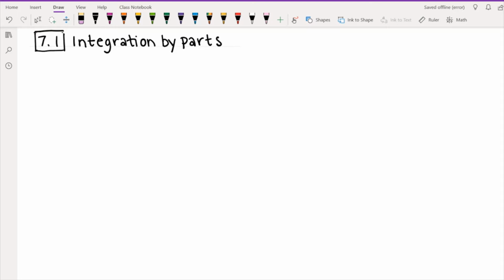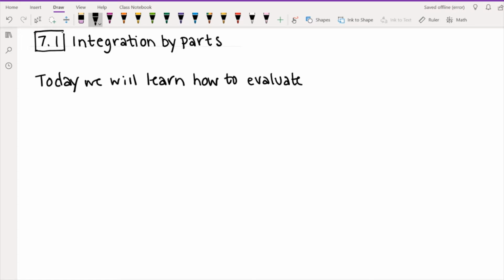Okay, so I want to start by roughly describing what it is we're going to be doing today, and we're going to start by really jumping into an example. So today we will learn how to evaluate an integral of a product of functions.